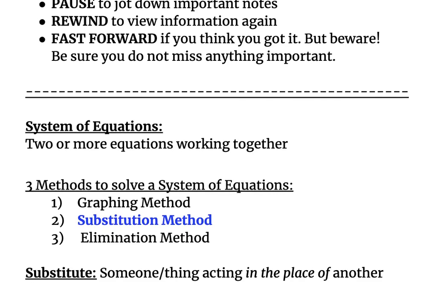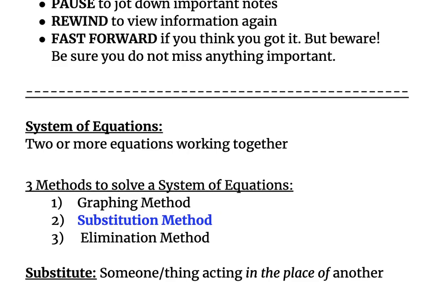And as a review, to substitute means that you have someone or something acting in the place of another. So in the school setting, we know substitute teachers. They are acting in the place of your teacher who's not there. They're doing the same function. In a basketball game, you have a substitute.